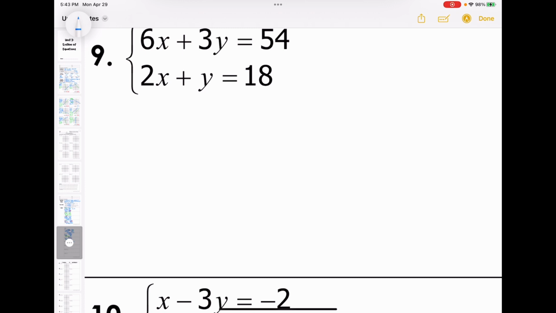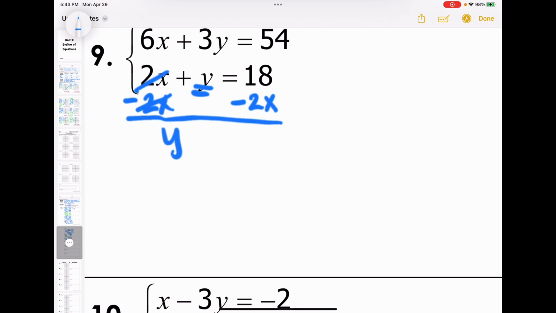Neither of these equations are solved for x or for y, so I'm going to look and find the one where there's a letter without a visible number beside it, which is going to be the second equation. And I'm going to solve that equation for that letter. So I'm going to solve this equation for y. So I'm going to move that 2x to the other side. So that leaves me with y equals negative 2x plus 18.